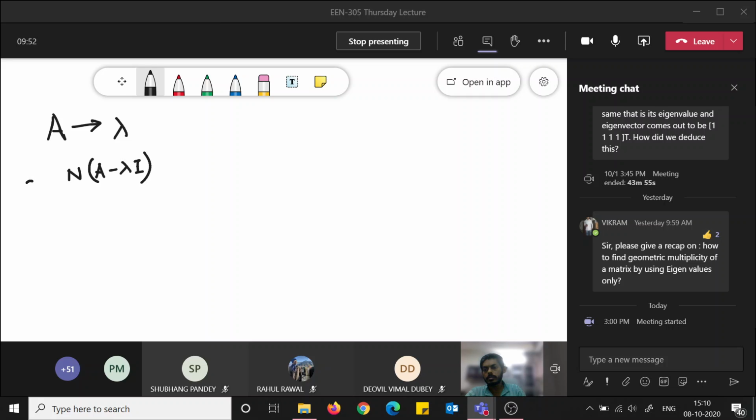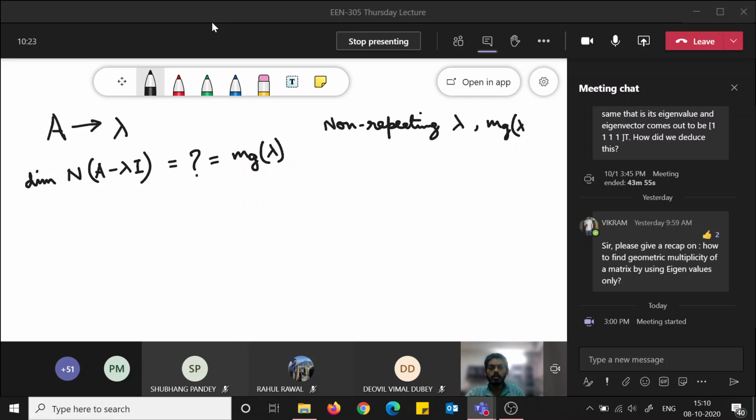The dimension of the null space equals the geometric multiplicity of this eigenvalue lambda. In case of a non-repeating, single eigenvalue lambda, then mg lambda will be equal to 1.